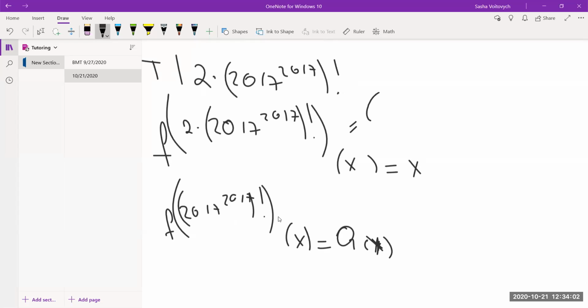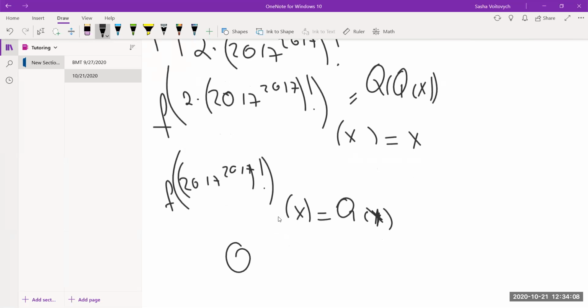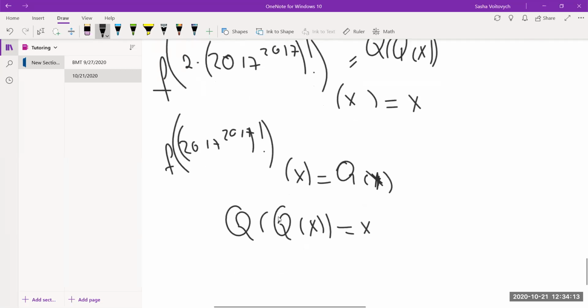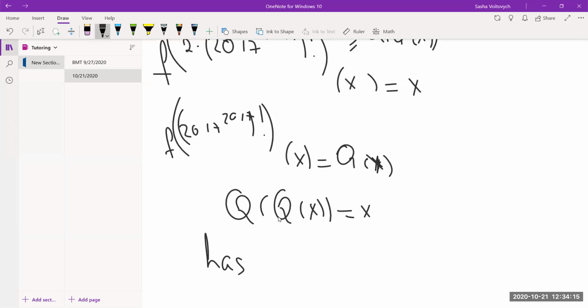Then this guy is q of x. So q of x equals x has t roots.